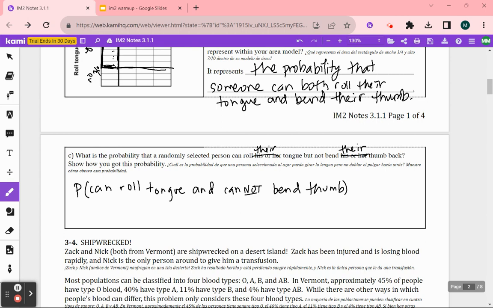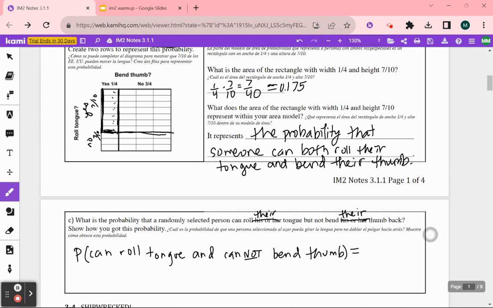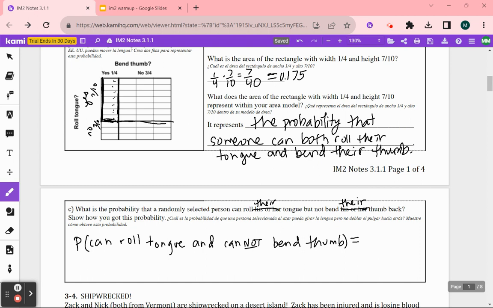And it equals, which rectangle is that? Cannot bend thumb and can roll tongue. So that's this one. That is 3/4 by 7/10, which is 21/40. And that's 0.525. There we go.